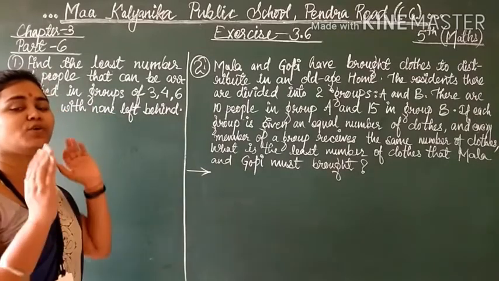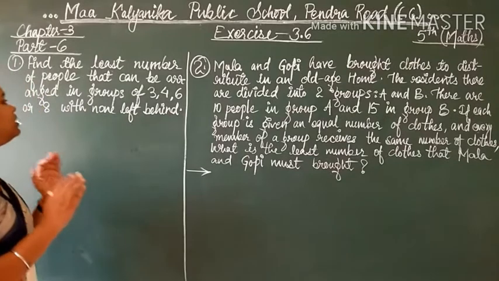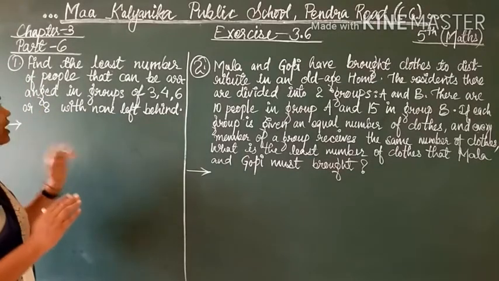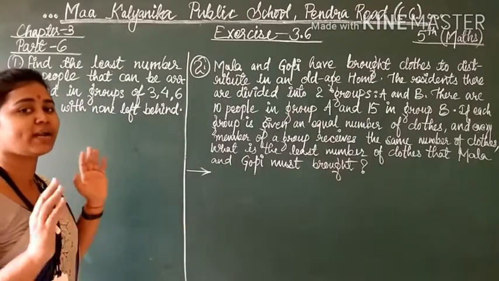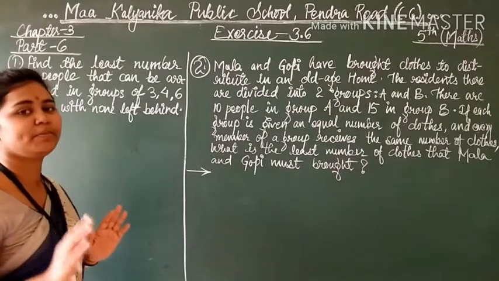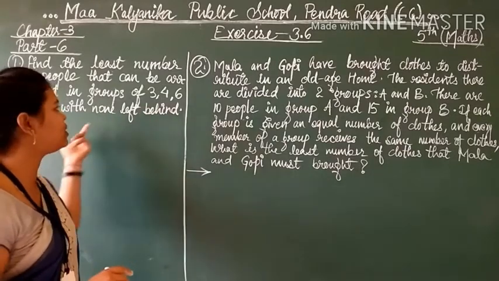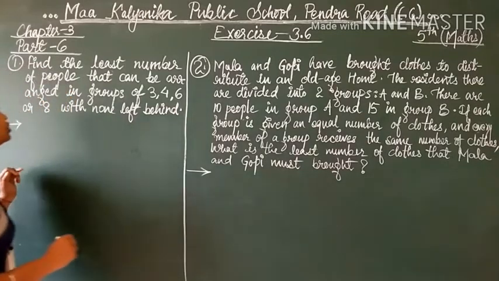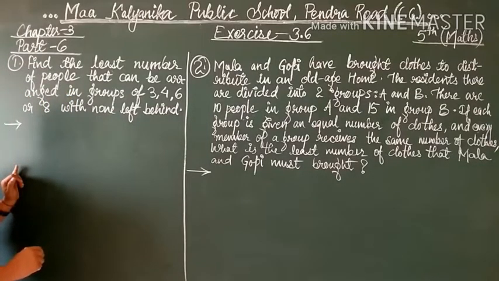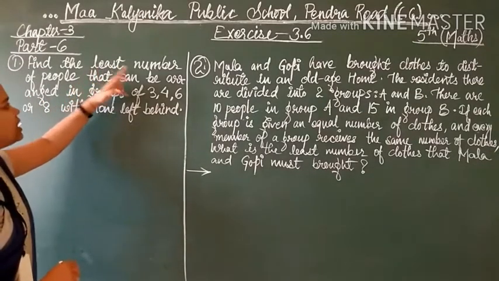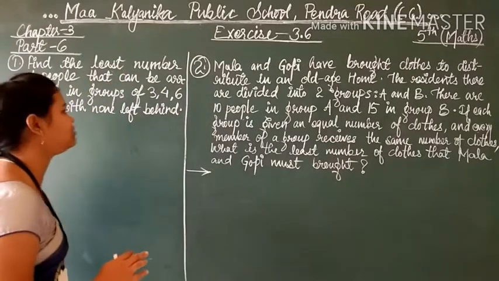It means we have to make a group of people which can be arranged in 3, 4, 6 or 8 and no one should be left behind. So students, how do we find it out? This is related to the least number, which means we have to find the least common multiple.